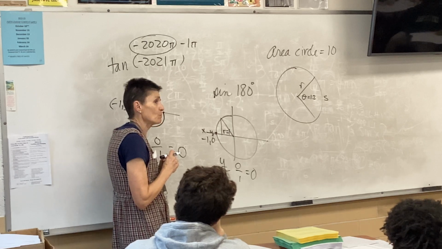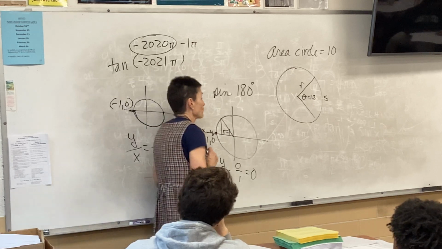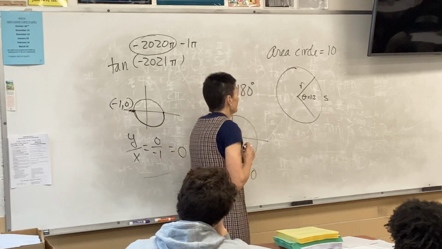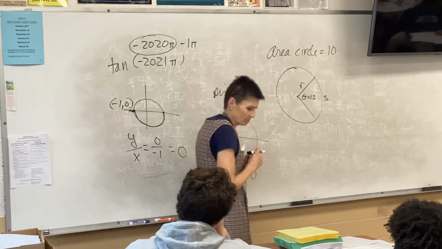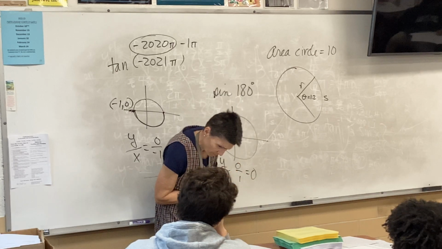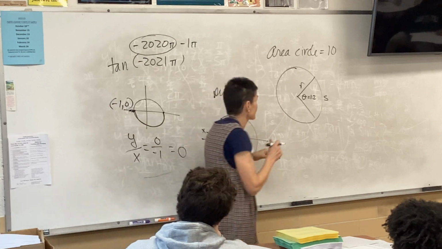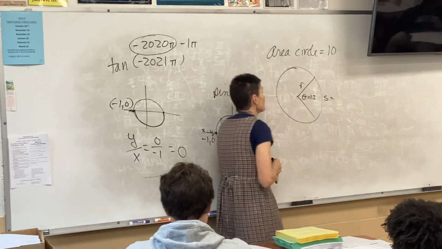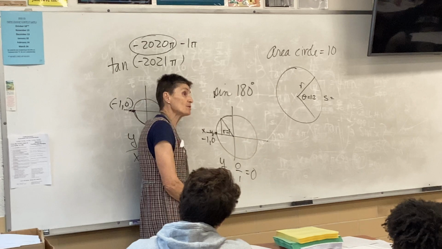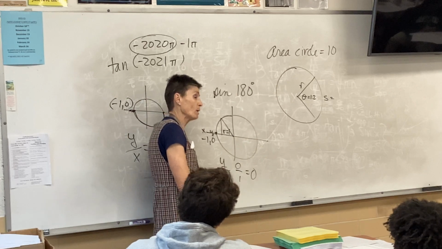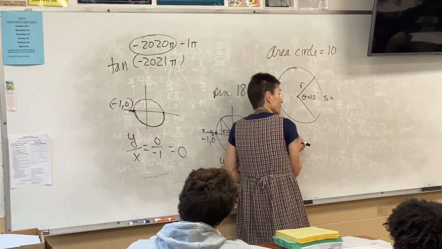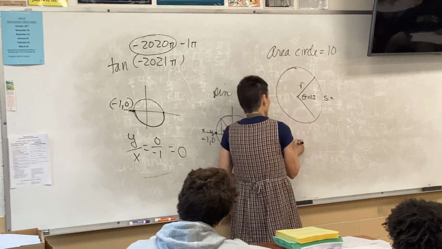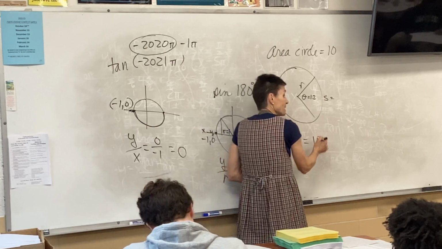All right, now I want to find radius. Wait, what's the formula for... oh no, it says find S, that's what I'm finding. I was saying, wait, radius. Okay, now if the area of the circle is 10, what's the radius? What do I know about area of the circle? Pi r squared equals 10.